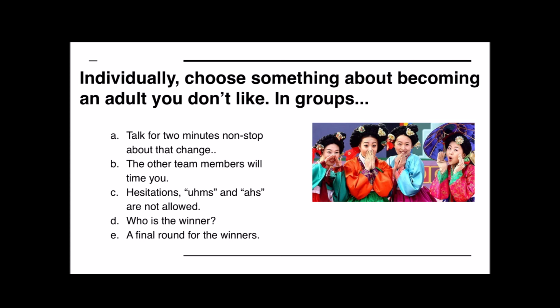This is a little activity or exercise I'd like you to try. So this is kind of like a test condition. You choose something about becoming an adult that you don't like, and then I want you to talk about it for 2 minutes non-stop, and then the other team members will time you.